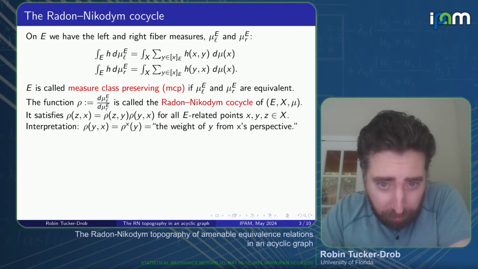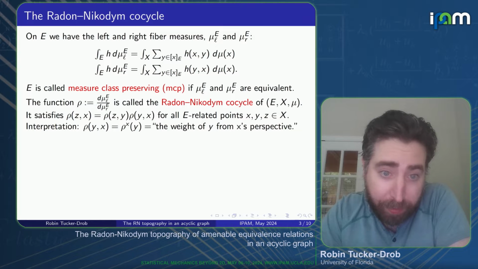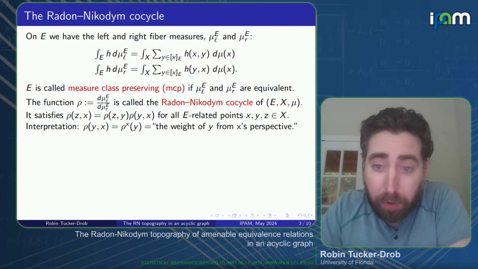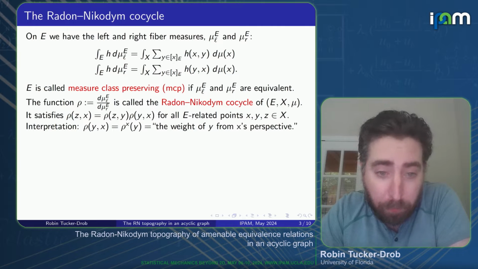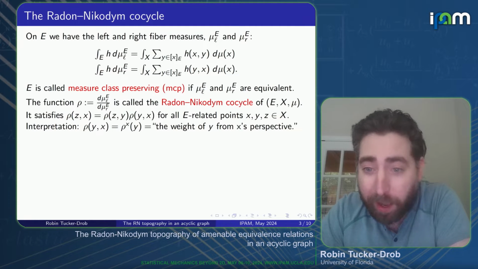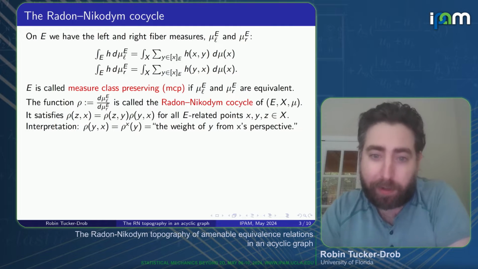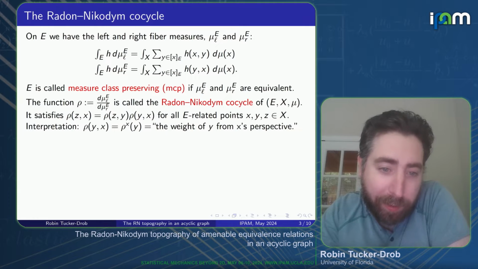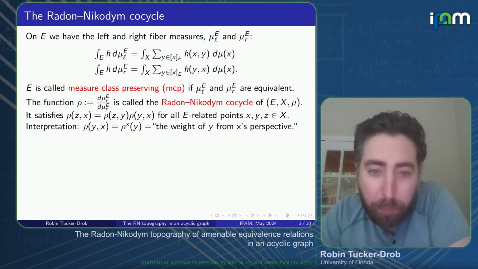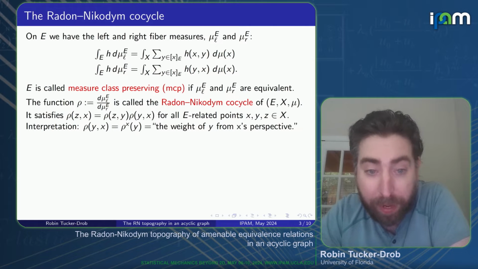If we were in the literally measure preserving setting, then the Radon-Nikodym cocycle would be the constant one function. Every 2 points weighs the same, and they look at each other and they say, you weigh the same as me, one. So really, x always thinks that it weighs one, and we're just giving you the ratio from x's perspective of how much y weighs relative to x.